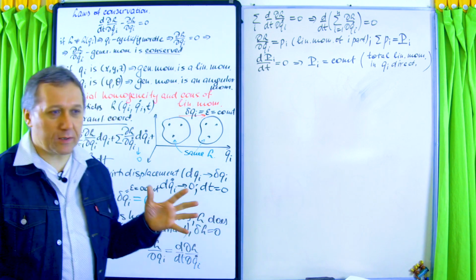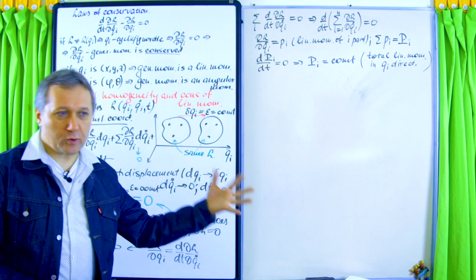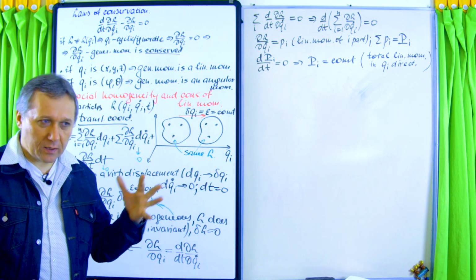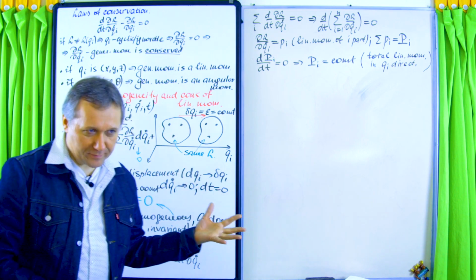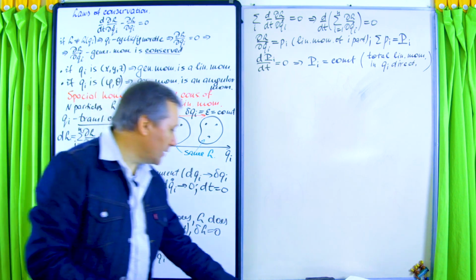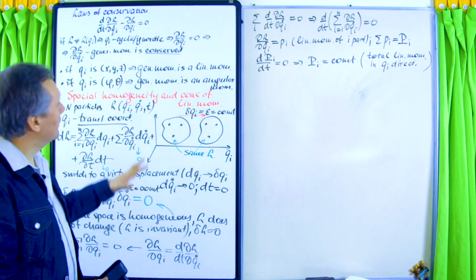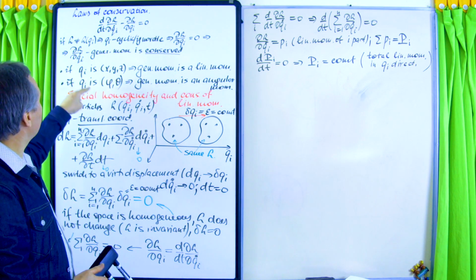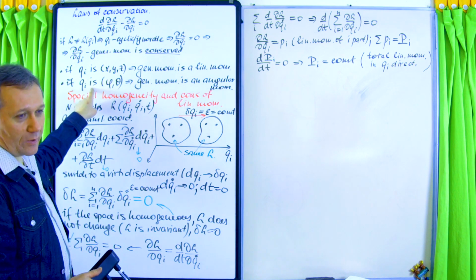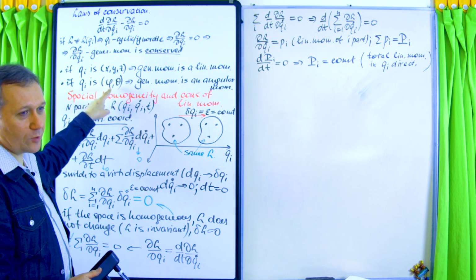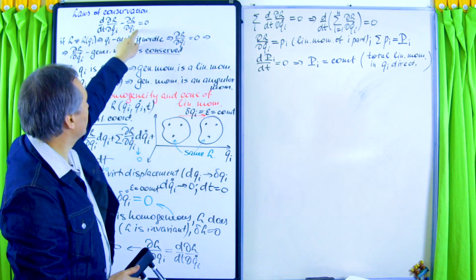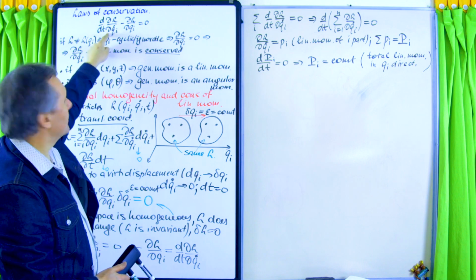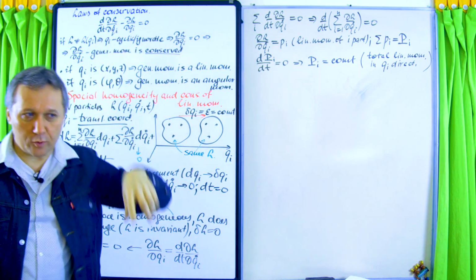The case about the connection of angular momentum with isotropy of space we'll skip. You can read it. Proving that in the case when coordinates are angular, this gives us torque and this gives us angular momentum will be in your homework.